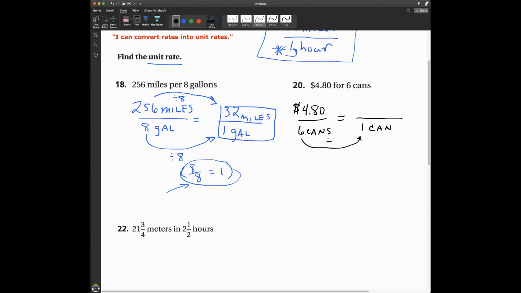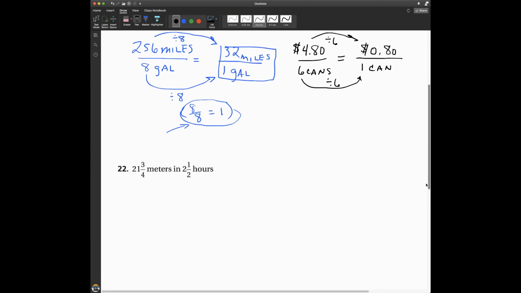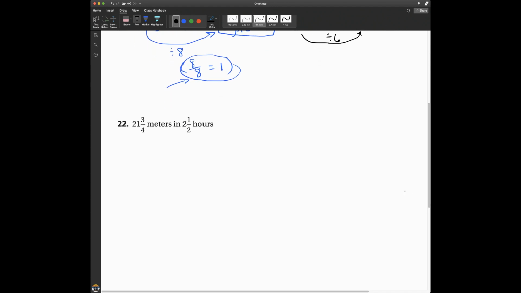Using division, I can divide by 6, which means I also need to divide the numerator by 6. And so what do I get as an answer? I get 80 cents. Okay, so 1 can of soda is going to be 80 cents, or I can say 80 cents per can.